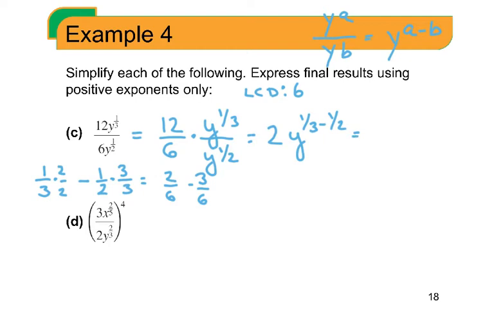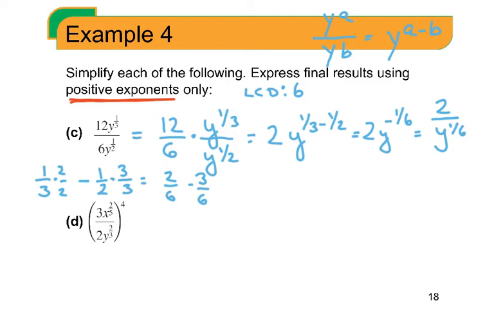So what do we get? 2y to the negative 1/6. However, positive exponents only. So how do I deal with that problem? I write it like this. To change the sign of the exponent, we put it in the denominator.